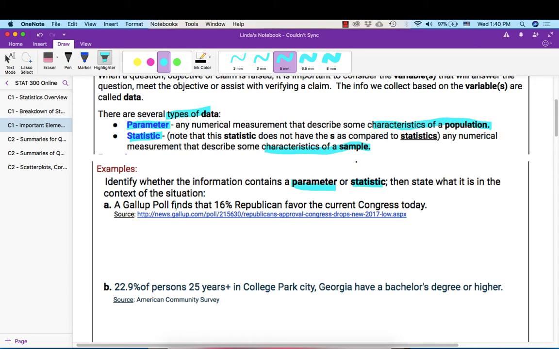Since this is a poll, it is obvious that we cannot obtain information from all Republicans, so this is certainly a sample. So you see, you need to determine whether the information is from a population or a sample based on the context of the wording. In this case, since it is a sample, the number 16% is a statistic.